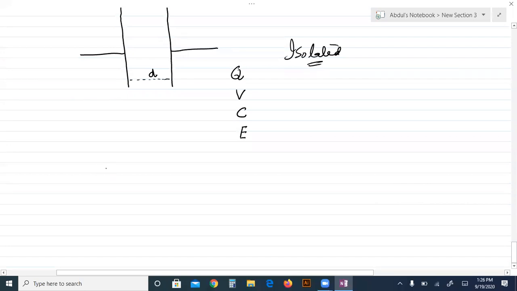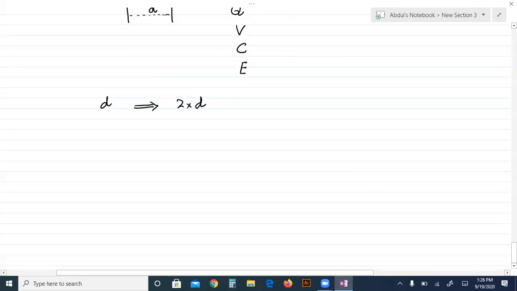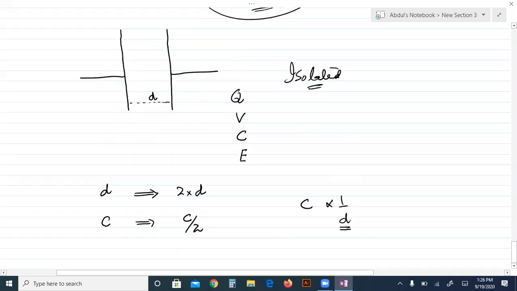Now, if the separation between two plates is increased to the double value, this will have direct effect on the capacitance, right? The C becomes half because the capacitance is inversely proportional to D. When D becomes double, capacitance becomes half. There is no leakage of the charges.